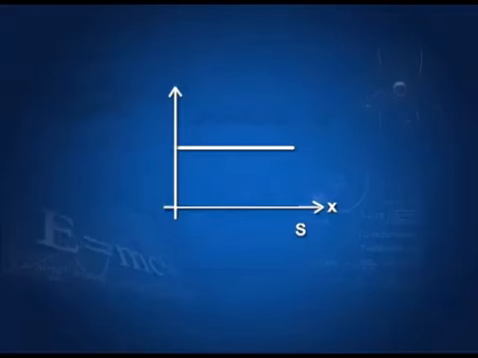So, we will first draw the graph for constant force. This is my x axis and I will put displacement on it. The y axis is here and I will put force on it, and apply my constant force, and it will be shown in this manner.